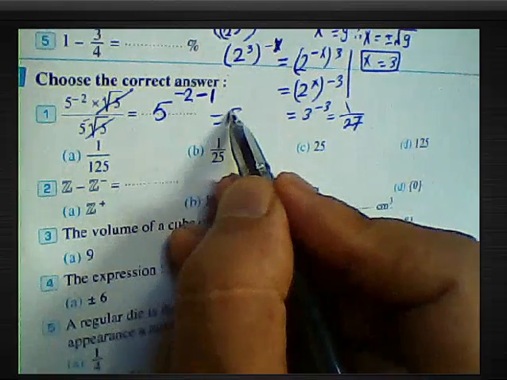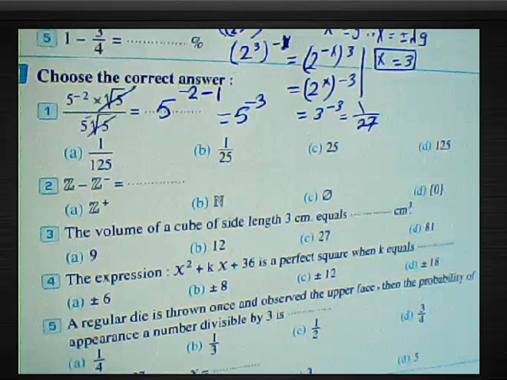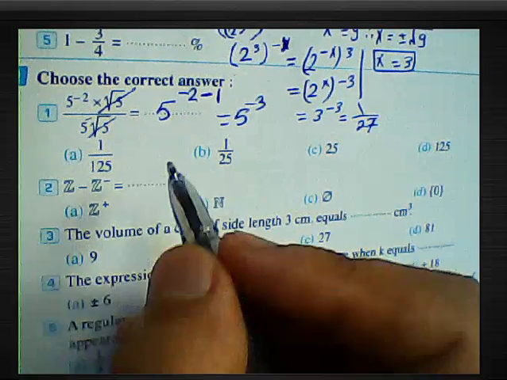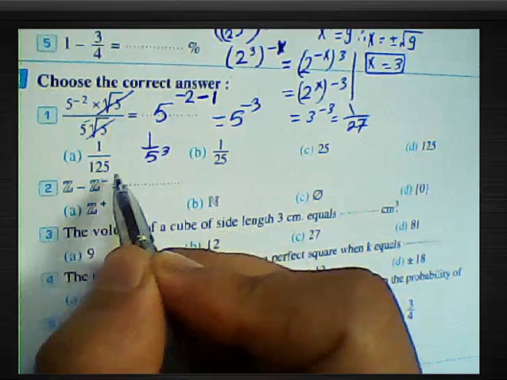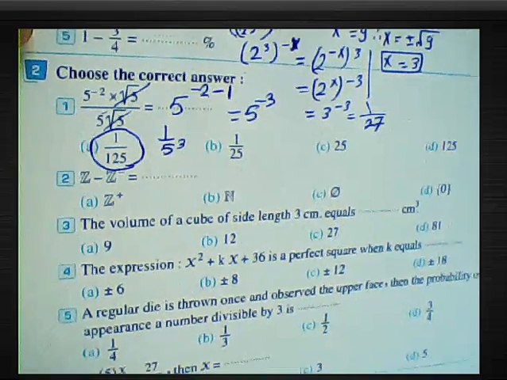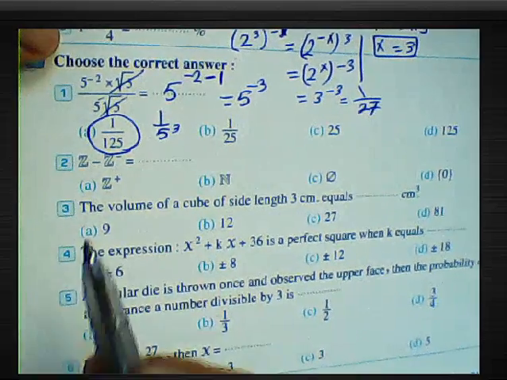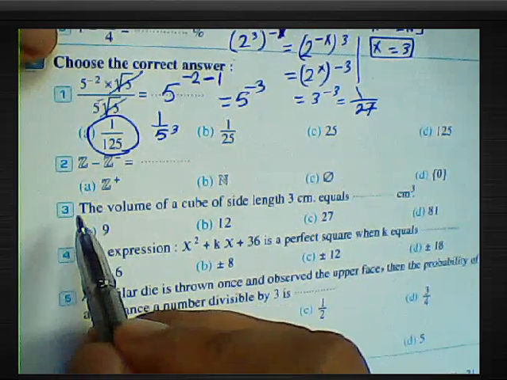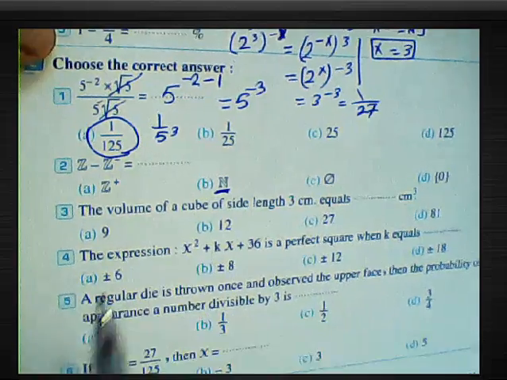The result will be 5 power negative 3, which is 1 over 5 power 3, which is 1 over 125. Z minus the negative integers gives 0, and Z positive is the natural numbers.